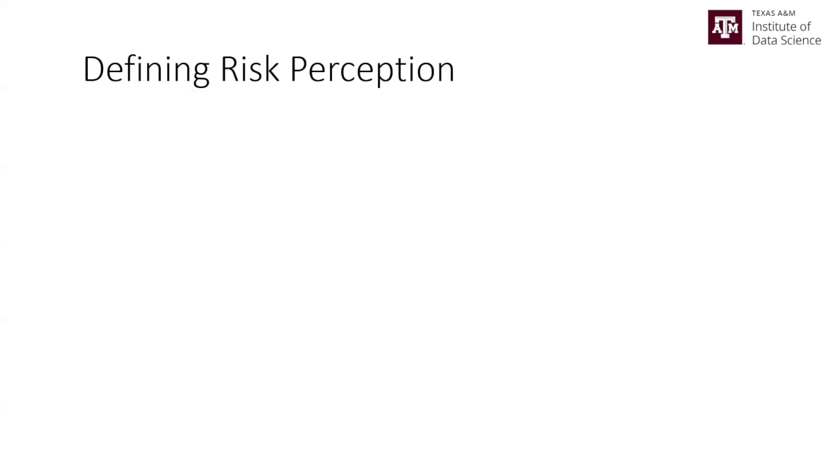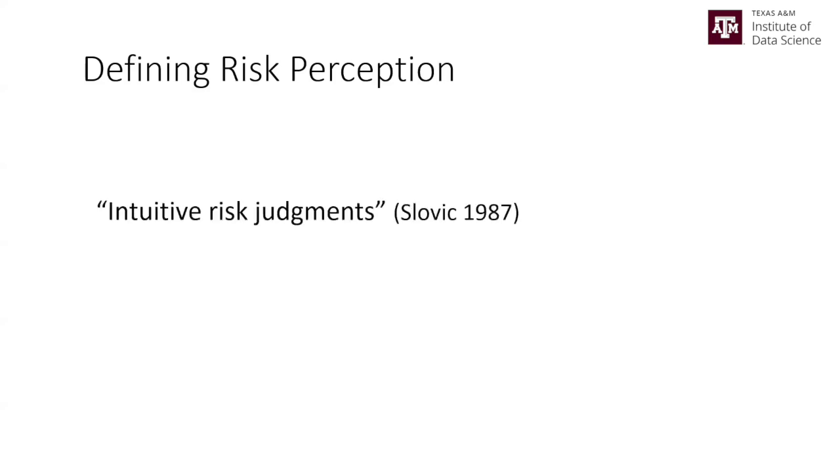So since a lot of my work does deal with risk perception, I'll briefly define that here. It is not a formal risk assessment. Instead, risk perceptions, this comes out of the psychology literature, this idea of an intuitive risk judgment. It's more how you feel about a risk or a hazard.